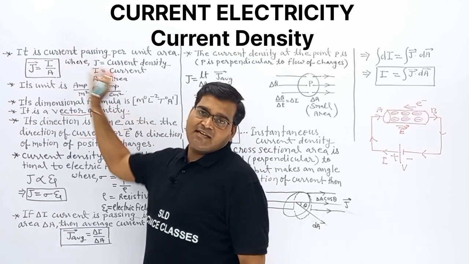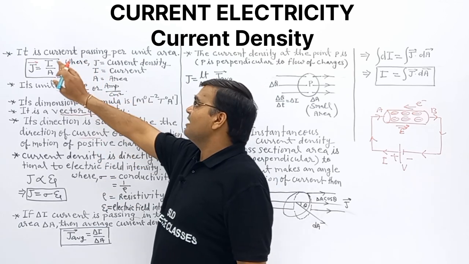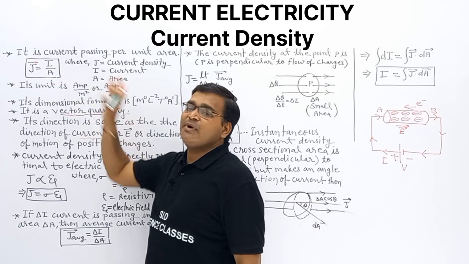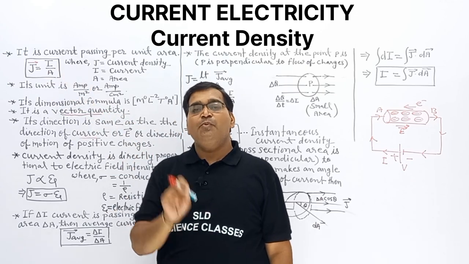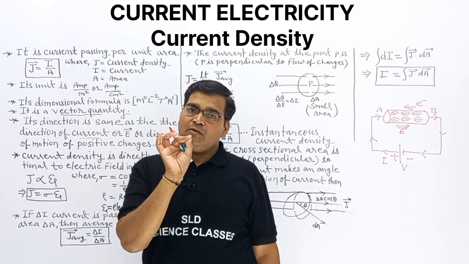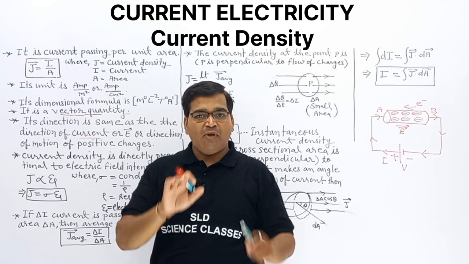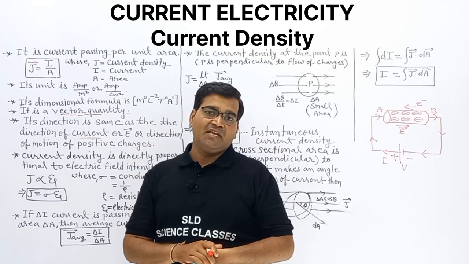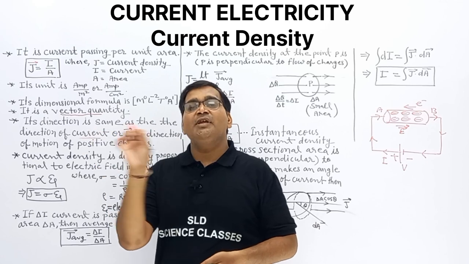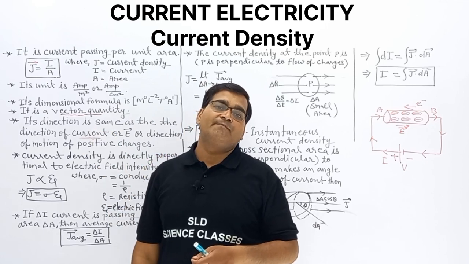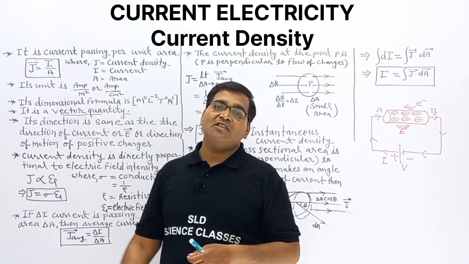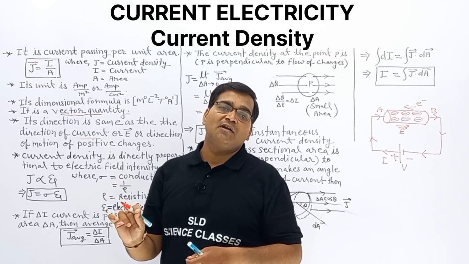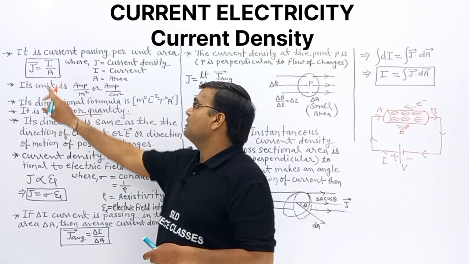Till now we studied the basics of current density. Again I am revising: current density is current passing per unit area. If we have a surface with cross-sectional area A, and current I flowing through that area, then the ratio of current to area is the current density.